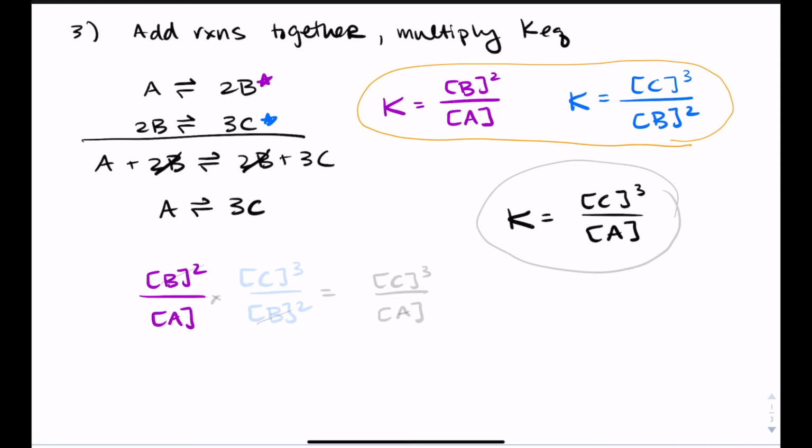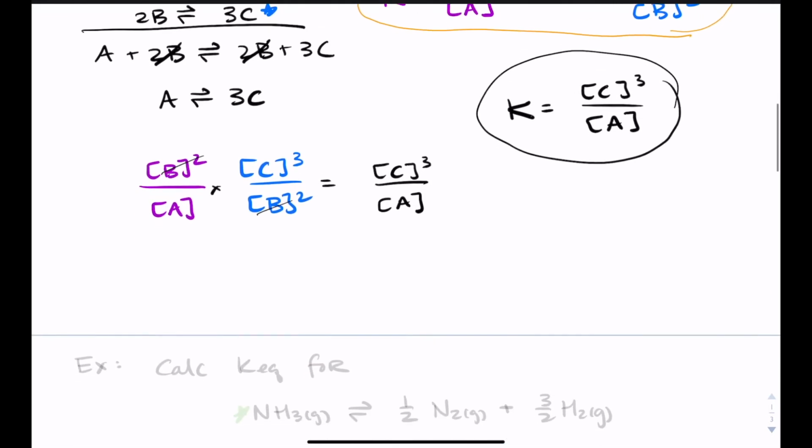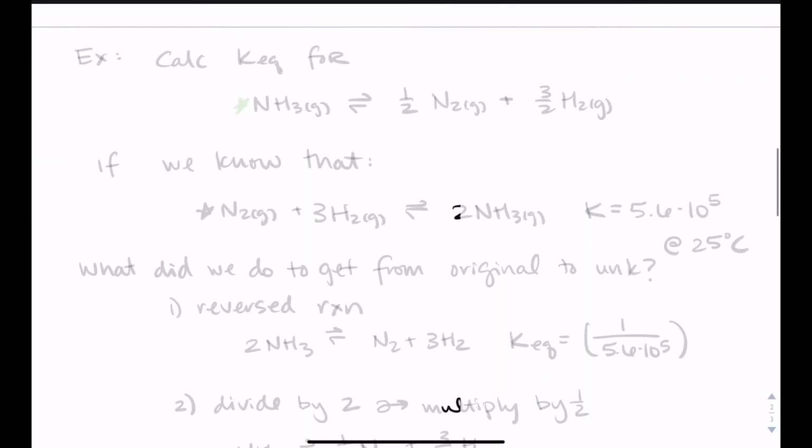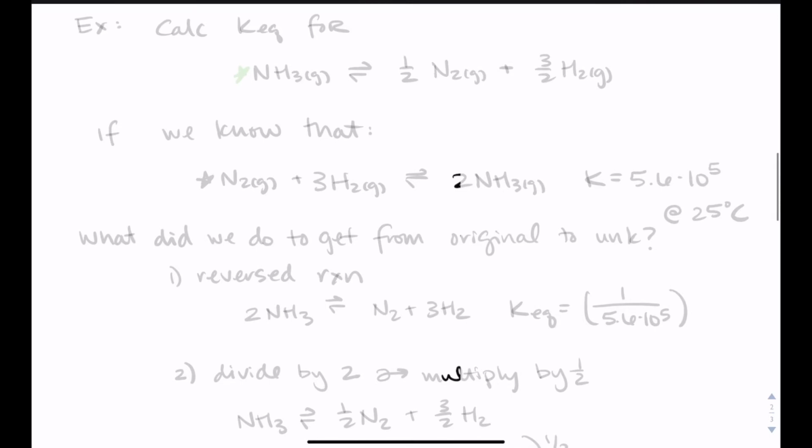So I want to take B squared over A, multiply it by C cubed over B squared. And if I do this, my B squareds cancel out. So I end up with C cubed over A, which matches what I got when I wrote it from the resulting reaction. So if you add reactions together, you can get the new equilibrium constant by multiplying the KEQ values.